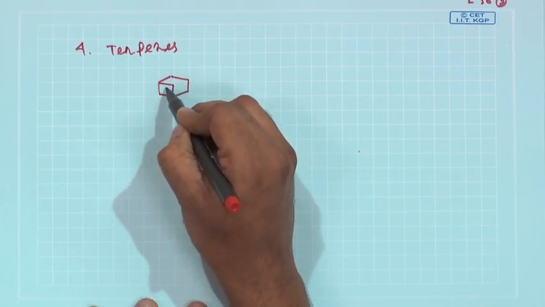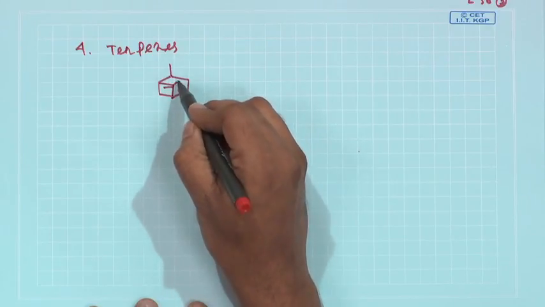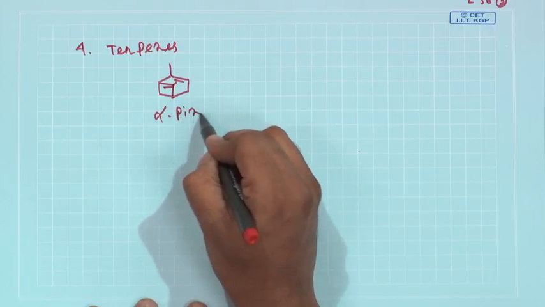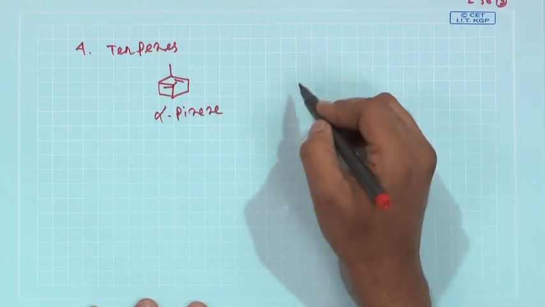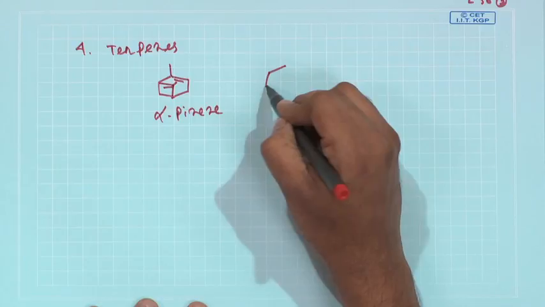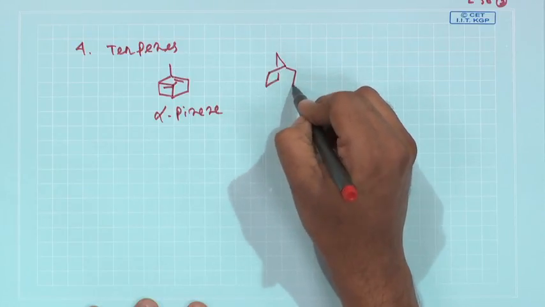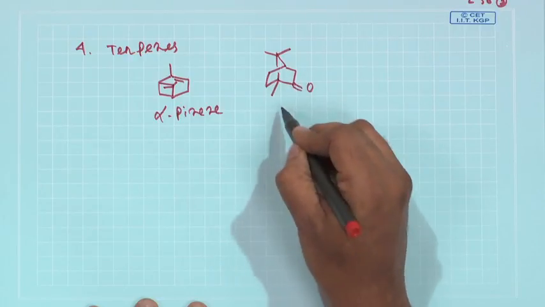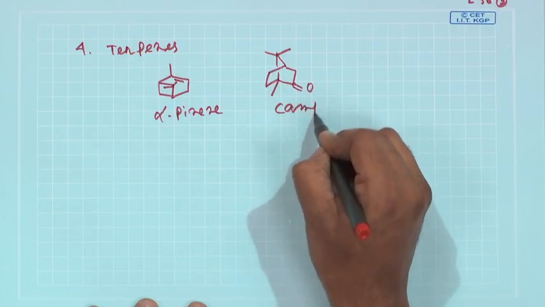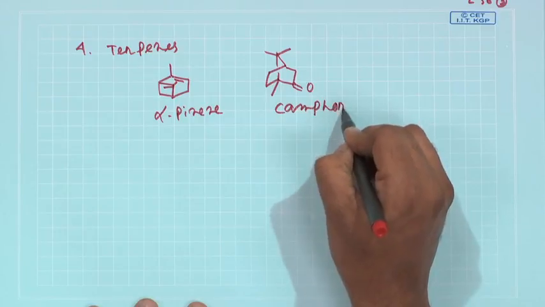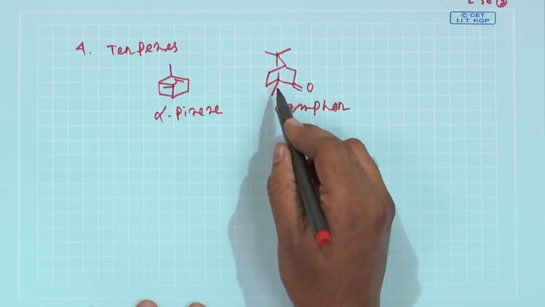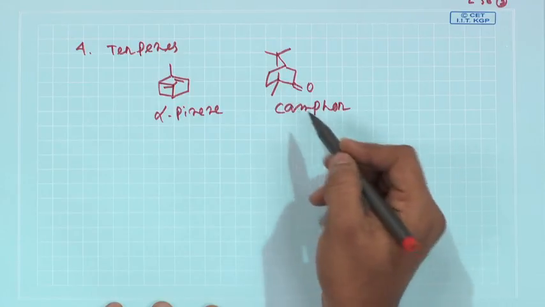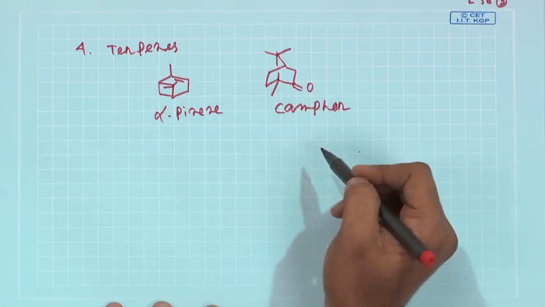Compounds like alpha pinene, which is a monoterpene, and camphor, which is very well known. These you can also get in one single enantiomeric form in nature. These are very good starting materials.